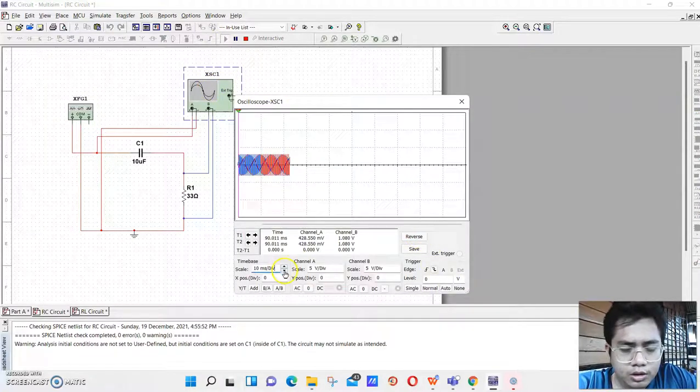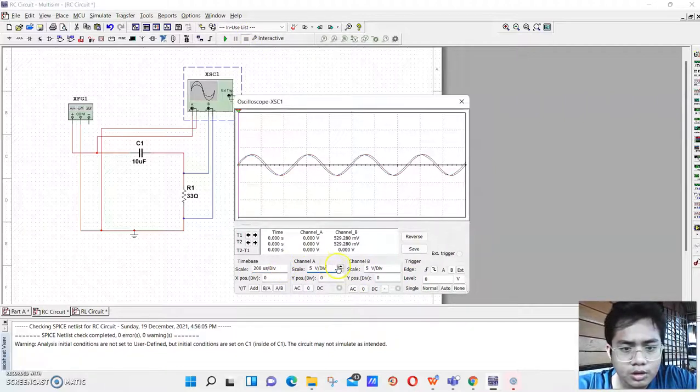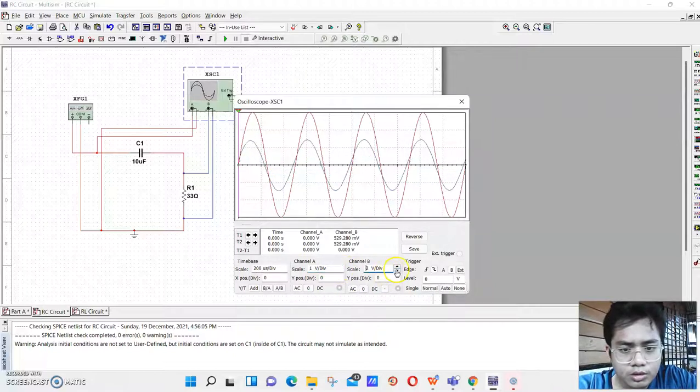Reverse like in part A. We will have to stop this signal, with 200 microsecond and, for channel A, 1 division.